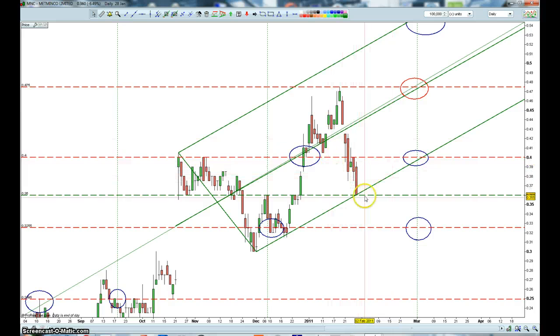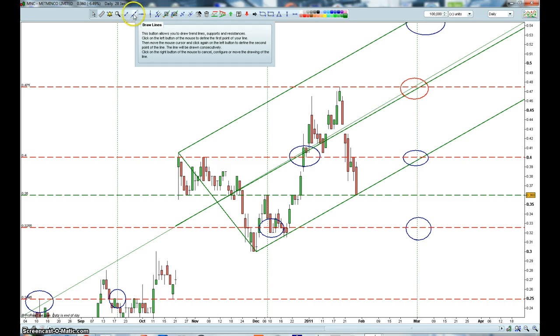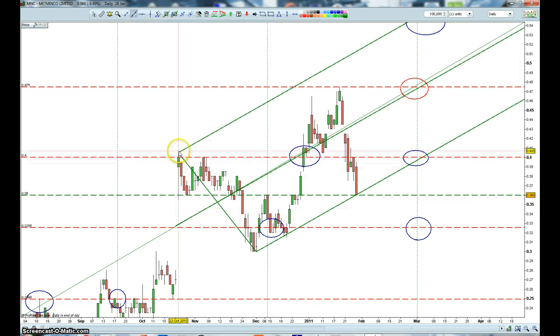But anyway, there are also some other things that are interesting about it. I'm going to draw some more action-reaction lines based on this green fork, and also based on these timelines I've had there.